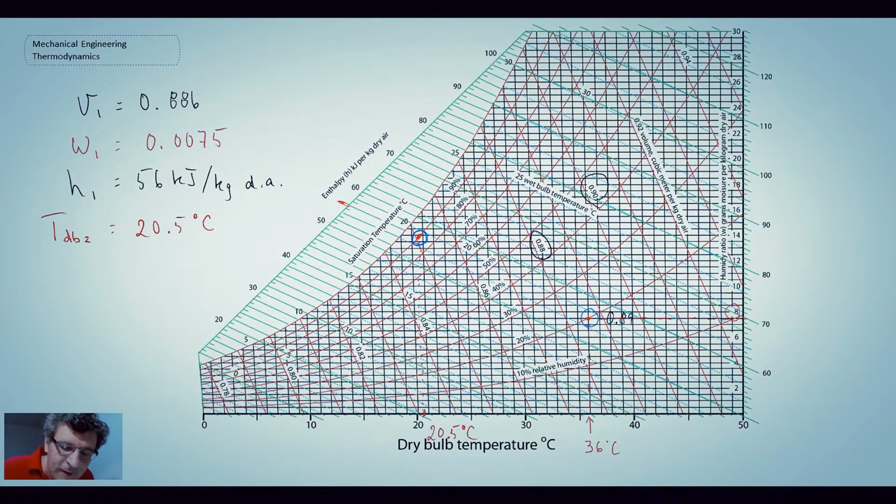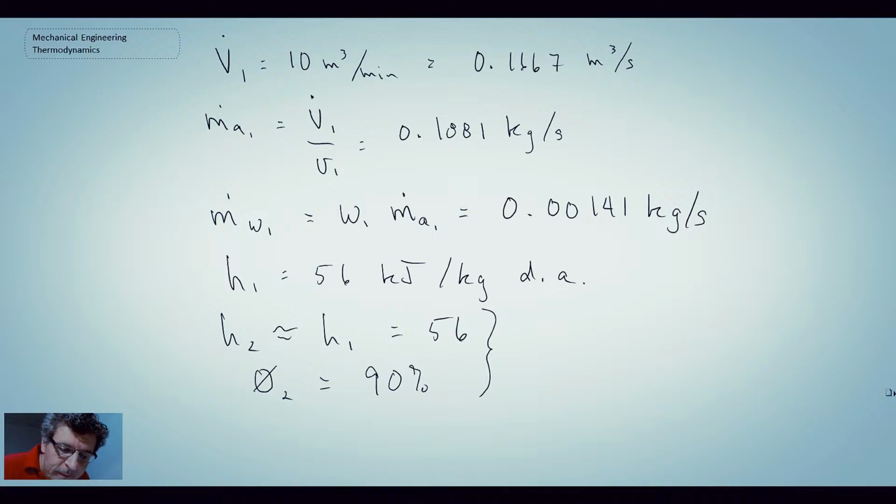So I'm going to pull off specific humidity at state 2. For that, we go directly over to the right. We come over here and we get 14. So I would say omega 2, it might be a little bit below, looking at where it is on the graph. So maybe a little tiny bit below 14, 0.01375.